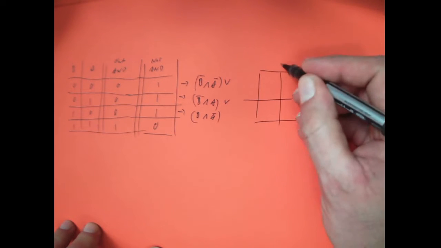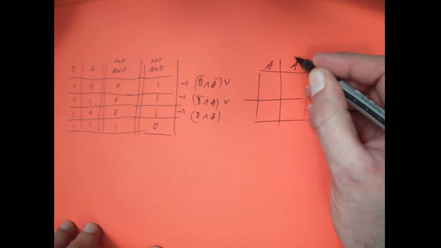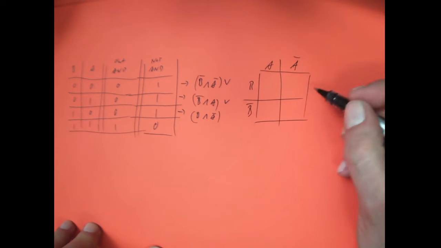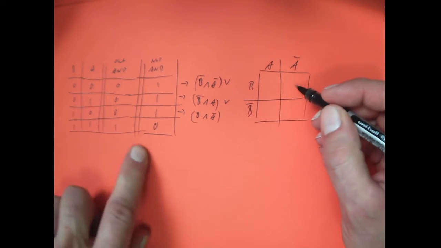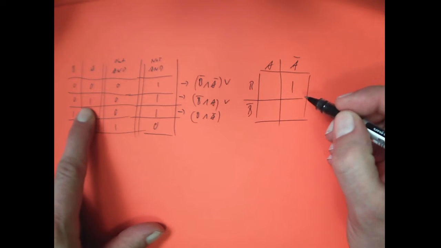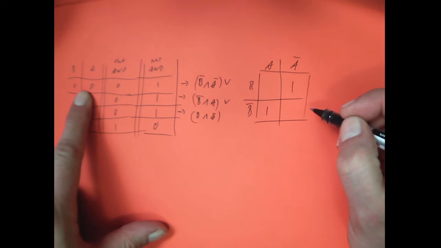So we have all of the 4 possibilities in this diagram, B, B not, and then we fill. So this position is A not B, so A not B is this. Then we have B not A, and we have A not and B not.